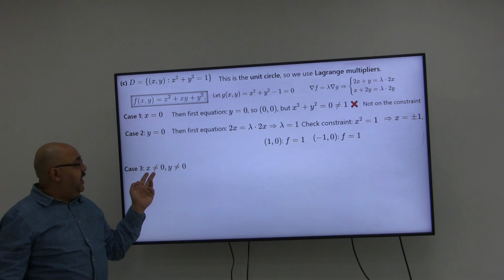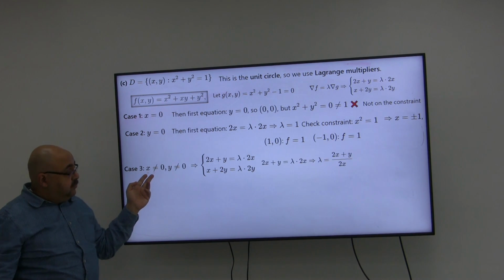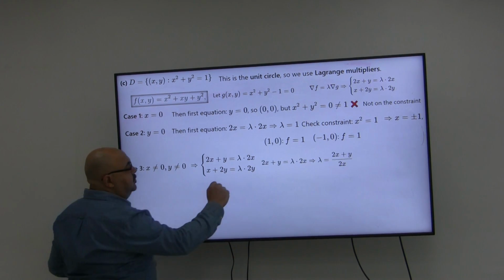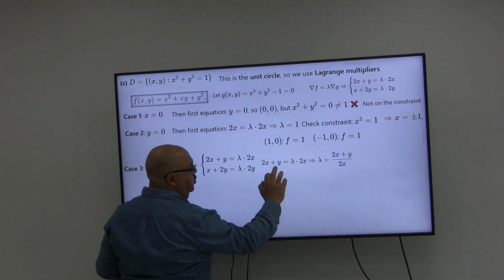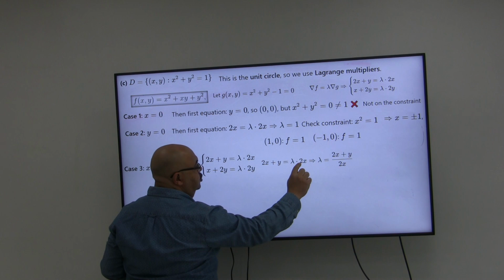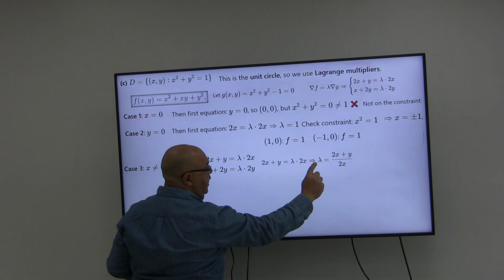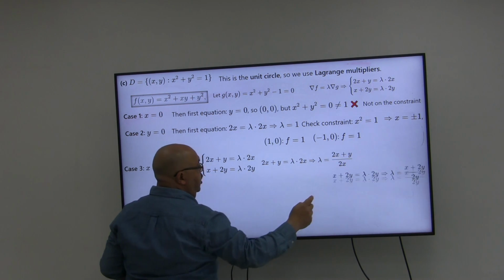Now for the case of x doesn't equal to 0, y doesn't equal to 0, in this case, try, as I told you, to substitute from these two equations in each other. You will have 2x plus y equal to lambda times 2x, which means lambda will equal to 2x plus y over 2x.